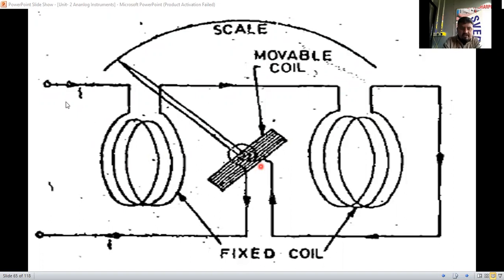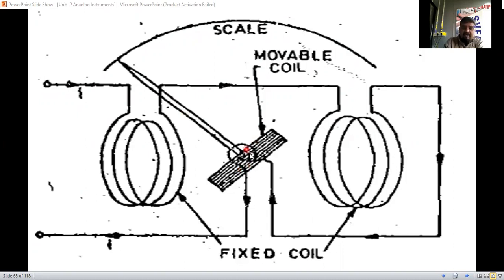Both these half coils are connected in series only, so the same supply will flow through both of them. The scale is connected here. Inside this, we are using a spindle. This spindle is connected to the pointer, and we are also using a spring method here.